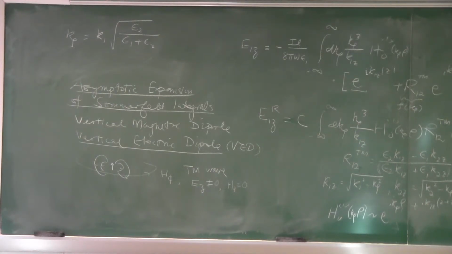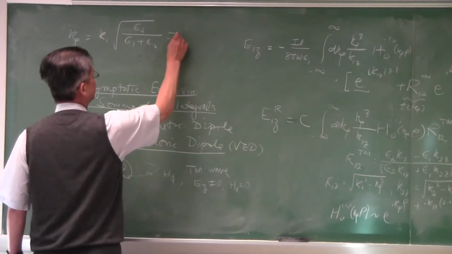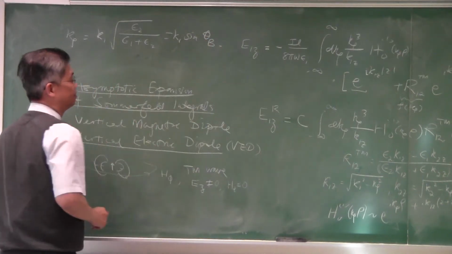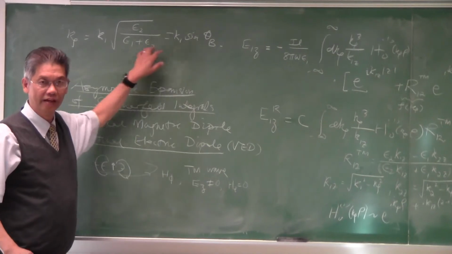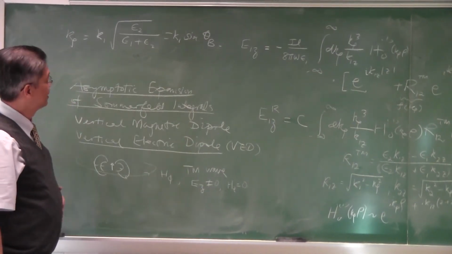That's the Brewster angle formula that you learn in some undergraduate course, right? And it happens to be always less than 1, because this factor is always less than 1. So this is the Brewster angle. Okay, this factor is always less than 1. You can look for the Brewster angle from this thing. And that is the Brewster angle location.